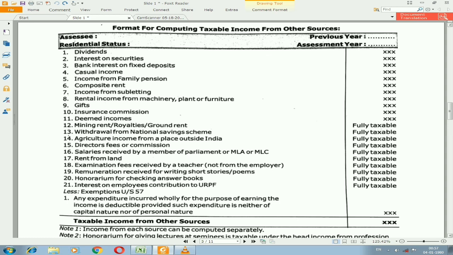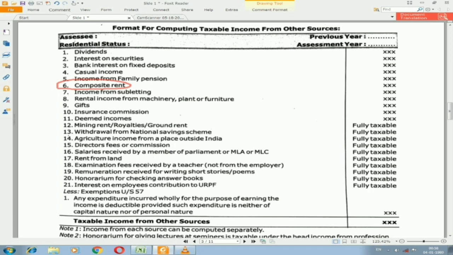Let us start with one concept, that is composite rent. If the assessee receives composite rent from his tenant, the portion of the rent related to the building will be taxed under house property. Other than the rent on the building, he may provide services or facilities.